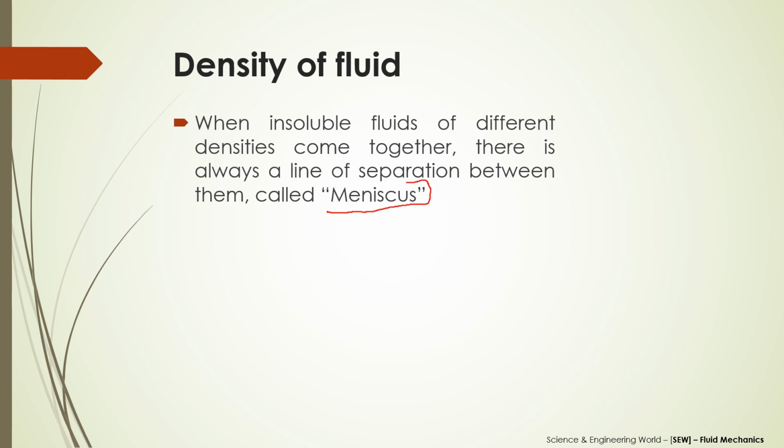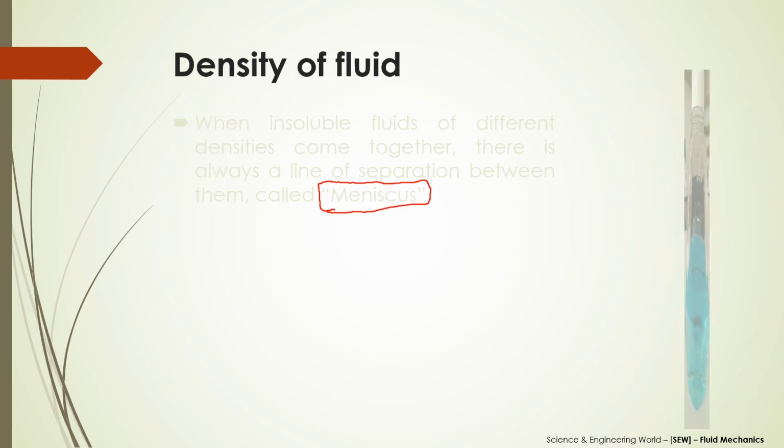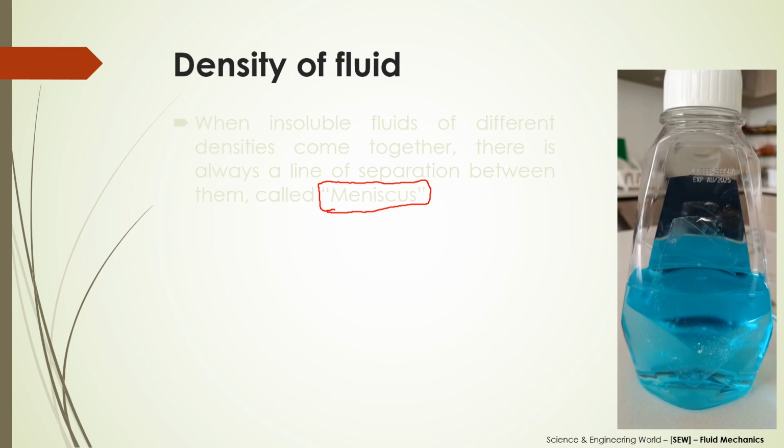However, meniscus is another phenomenon caused by capillary effects, and we will look at this in another presentation. So when we have two fluids of different densities in a container, we see that line of demarcation, where we see a liquid at the bottom and then a gas at the top.